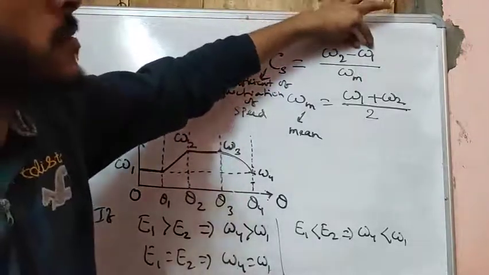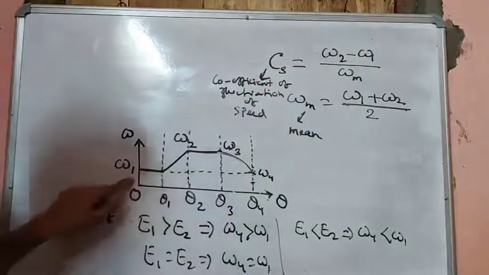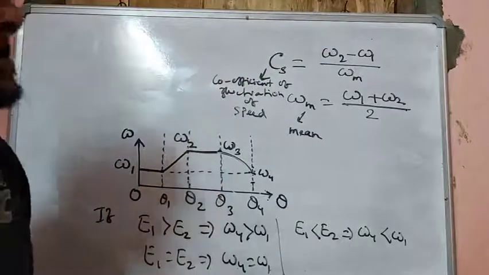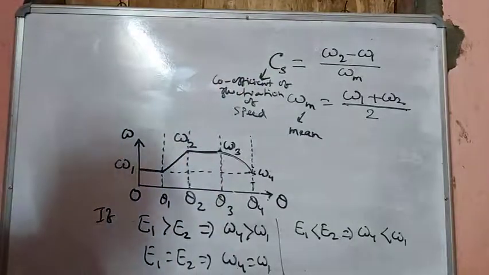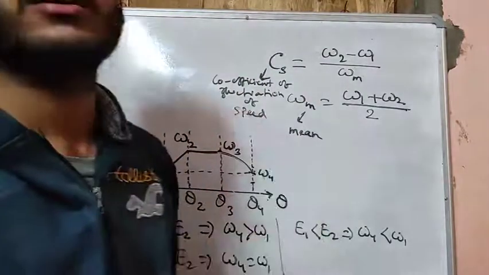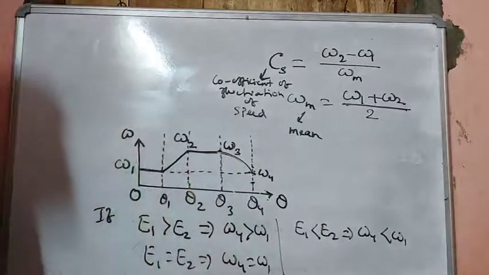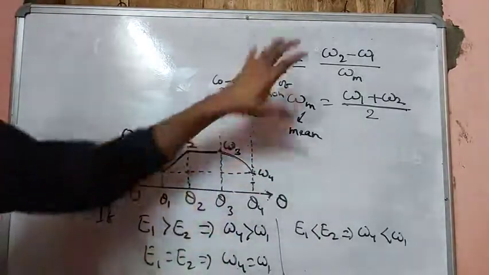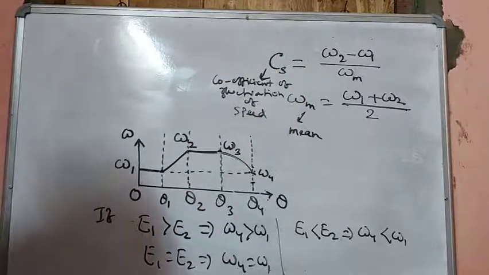So this signifies how much limitation the flywheel causes to the angular velocity.